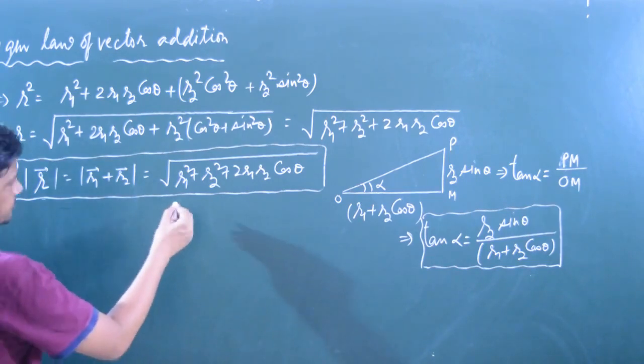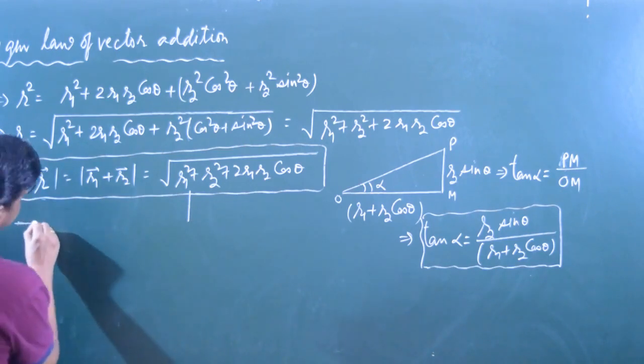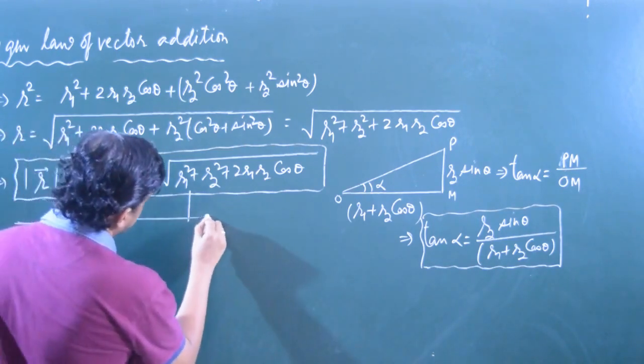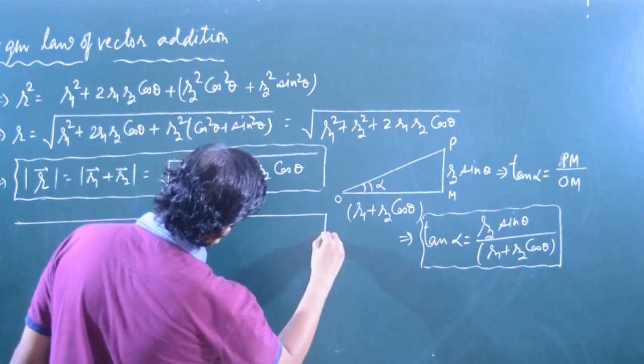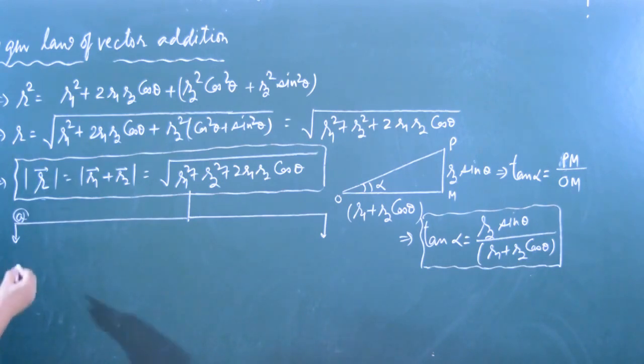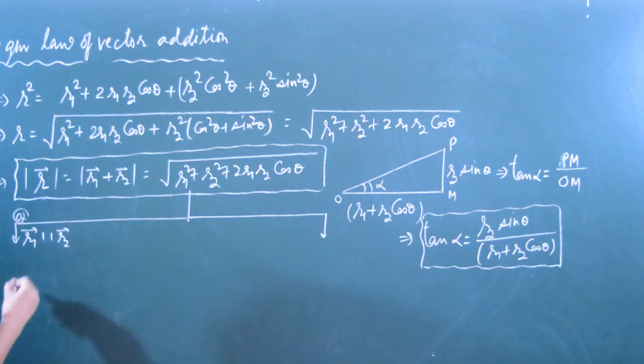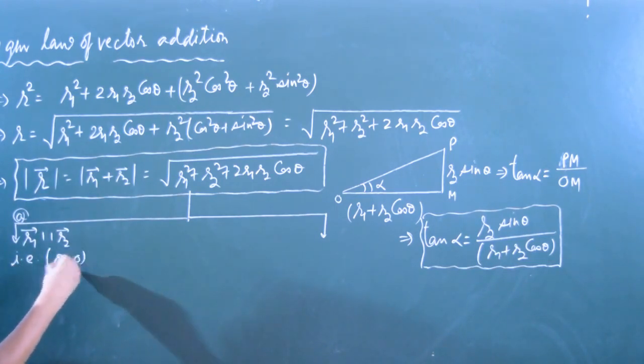Now we come to the three parts here. First part, say if R1 vector is parallel to vector R2, that is theta we have what? 0.